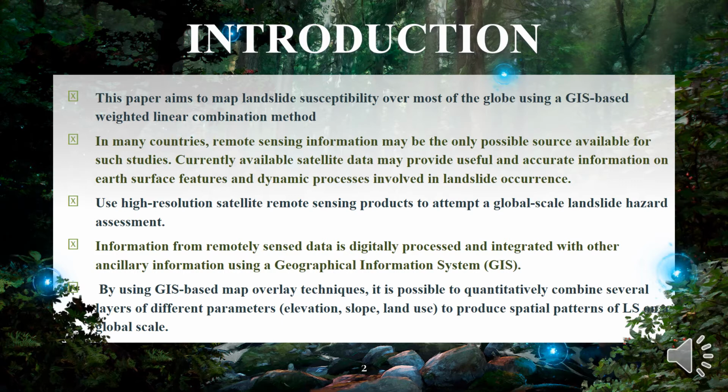Information from remotely sensed data is digitally processed and integrated with other ancillary information using a GIS or Geographical Information System. By using GIS-based map overlay technique, it is possible to quantitatively combine several layers of different parameters, which is elevation, slope, and land use, to produce spatial patterns of LS at global scale.